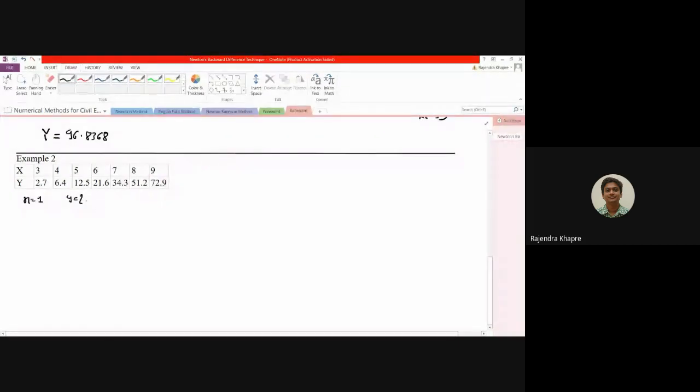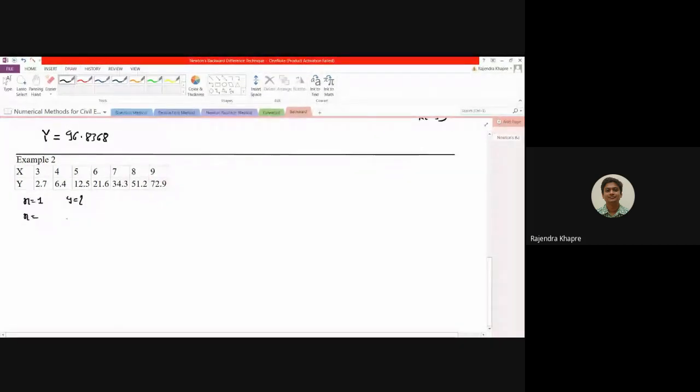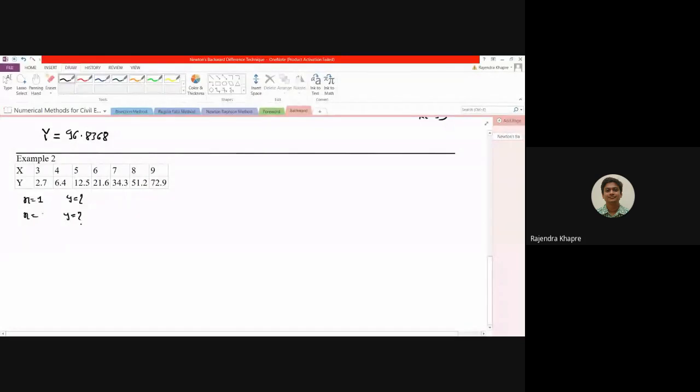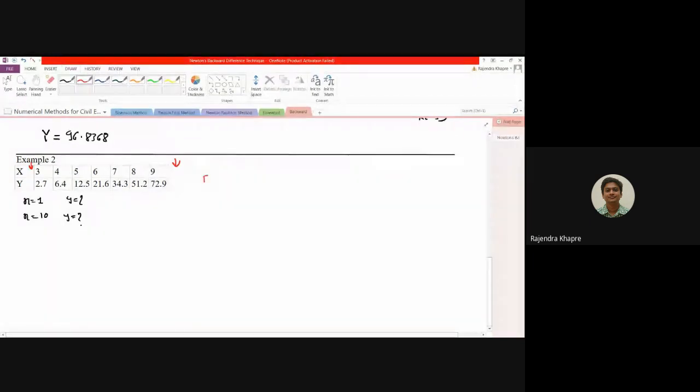Secondly, what will be the value of y when x is, let us say, 10? Both 1 and 10 come beyond the data set. In both cases it will be called extrapolation.